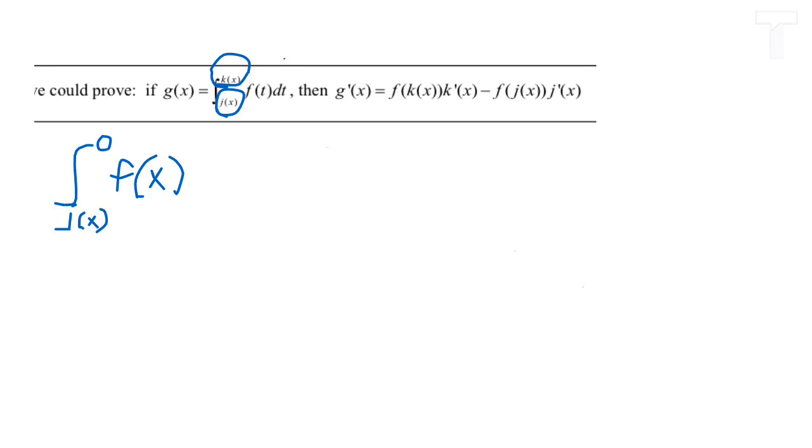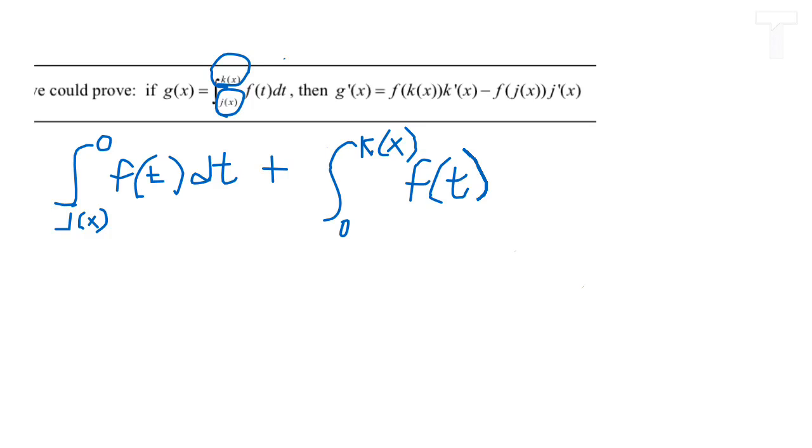Oops, I don't know why I put an x in there. And then I could add from 0 to k of x. And of course that beginning piece, I need the variable piece to be on top. So I would have to rewrite that by negating. I'm allowed to flip them.